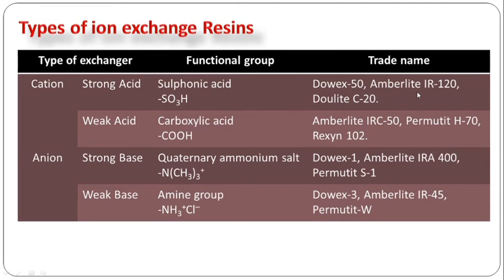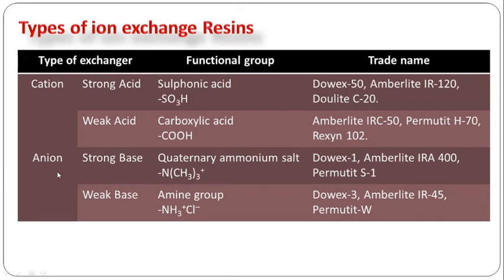Amberlite IR120, Duolite C20. Weak acid resins for cation exchange contain a carboxylic acid as the functional group, with trade names like Amberlite IRC50, Permutit H70, Rexyn 102.